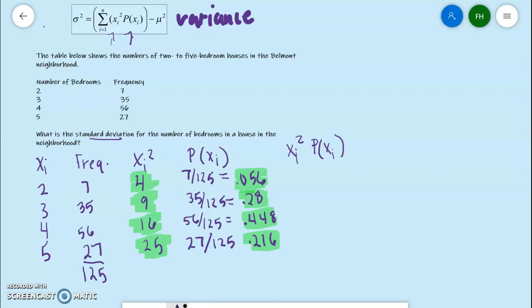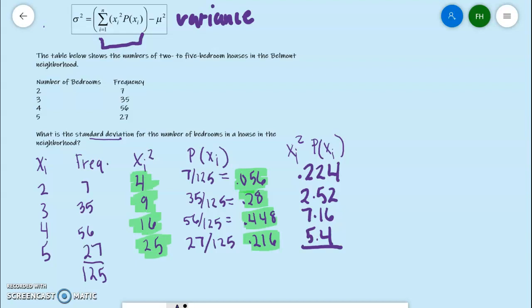And when you do that, you'll get these numbers. The last part of the first part of this formula is you have to sum them.